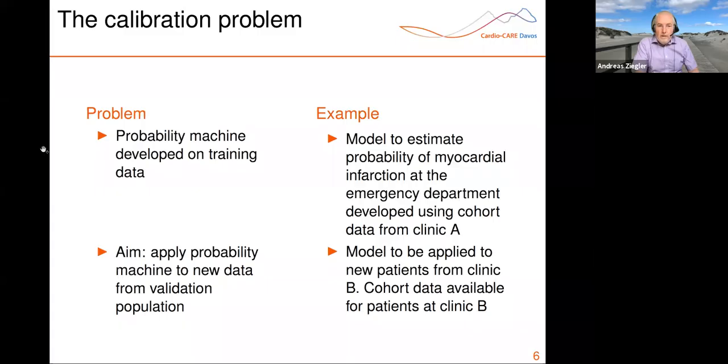Now in the next step, I really want to apply this to new patients from a new clinic. So cohort data are available for patients at Clinic B. And should I just straightforwardly apply the model developed from A? I can already say, no, that's a bad idea. You should, in most cases, do a proper calibration of your model.